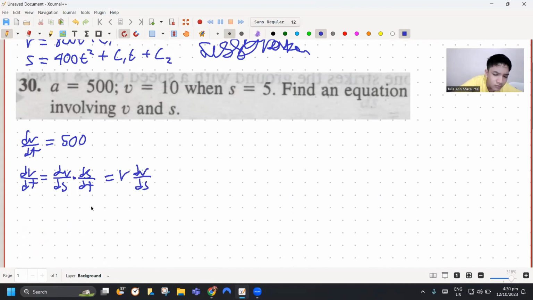So equate mo yan sa 500 and then integrate. So times ds.